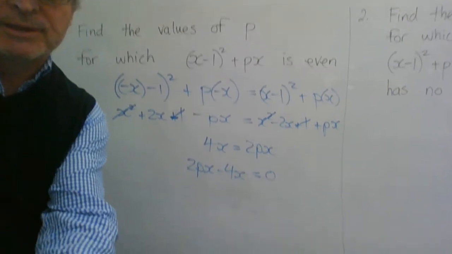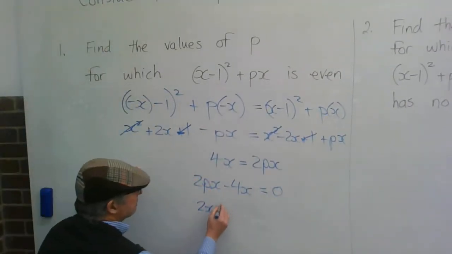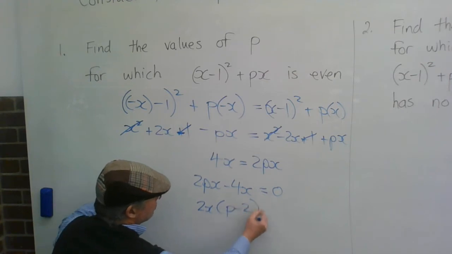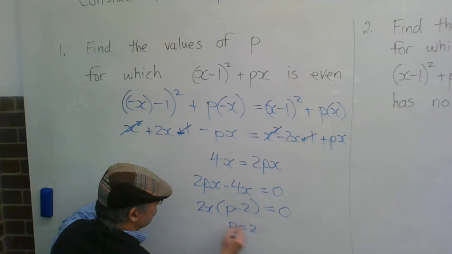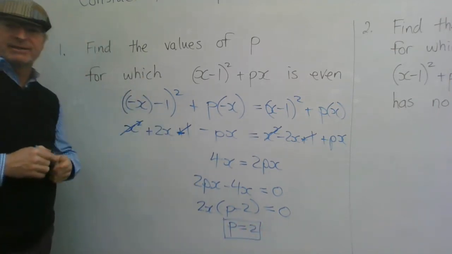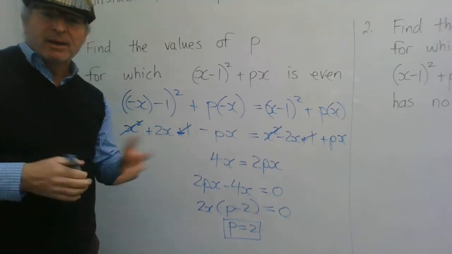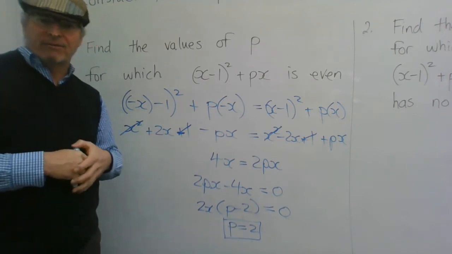And if I just move this down a bit, you can see that 2x(p minus 2) equals 0. So p equals 2. x equals 0 also makes it trivially an even function, but p equals 2 will make it an even function.